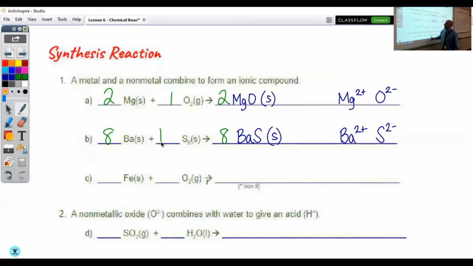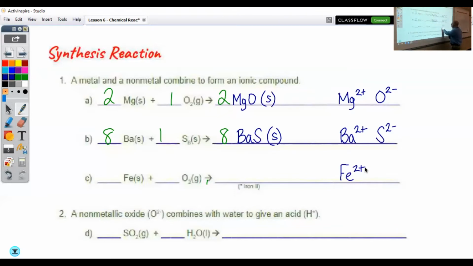Let's take a look at our third example here. In our third example, we have solid iron. That's obviously our metal reacting with oxygen, our nonmetal, and it's going to produce a compound, and it tells you in the problem here that we should use the 2+ charge for iron, because remember, iron is a divalent, so it could be a +2 or a +3.